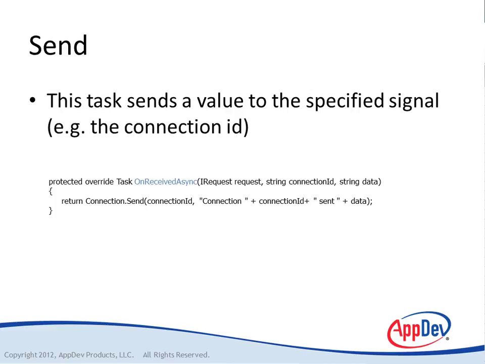And here we're returning a connection.send specifying the connection ID along with the object value following it. What this allows is that we are sending a message directly back to the connection that sent the request in this particular case. So this comes in handy if you don't want to broadcast everything to everybody who is connected to your current web application.